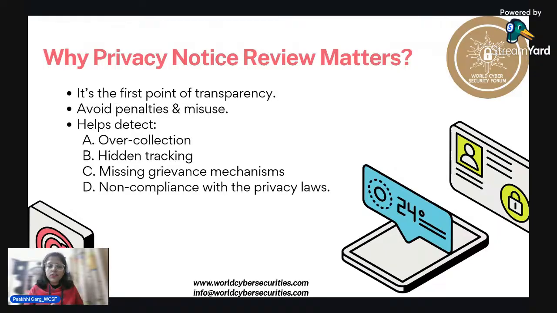Why does privacy notice review matter? Of course, transparency and accountability, because these are the primary principles of any privacy regime. It is even important from the compliance standpoint, which will help you avoid penalties or misuse.